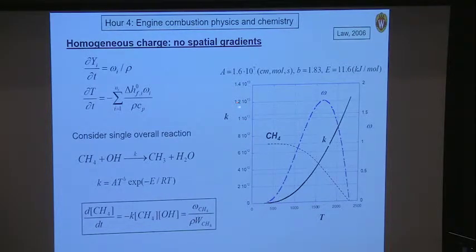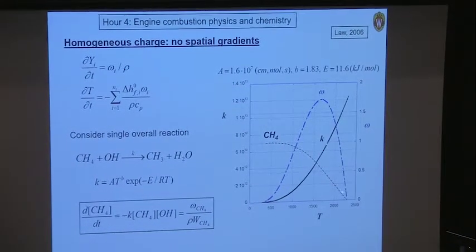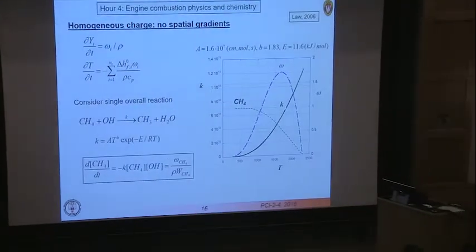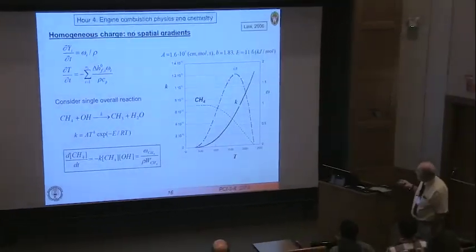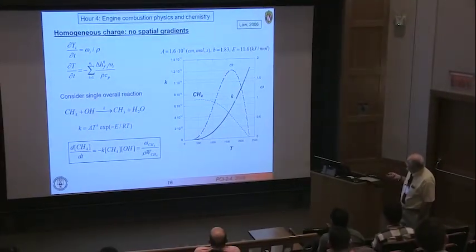You pick typical numbers from the literature, and you can plot the course of the reaction as a function of temperature. So here's our methane fuel. It's at low temperature, so we start the reaction, and it's consumed by the time it reaches about 2,400 Kelvin.